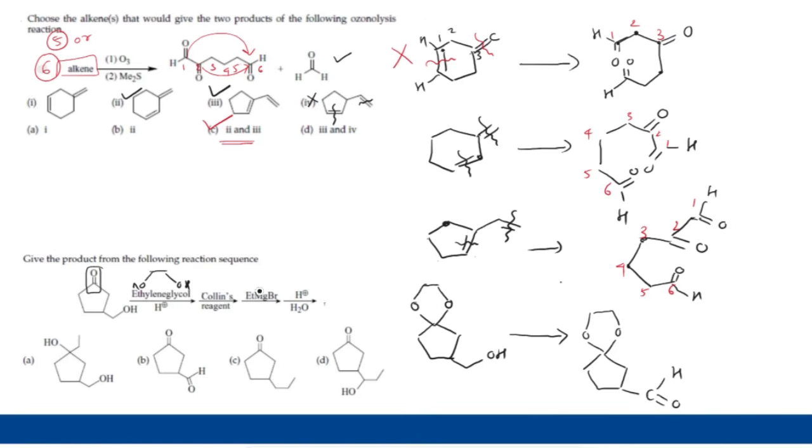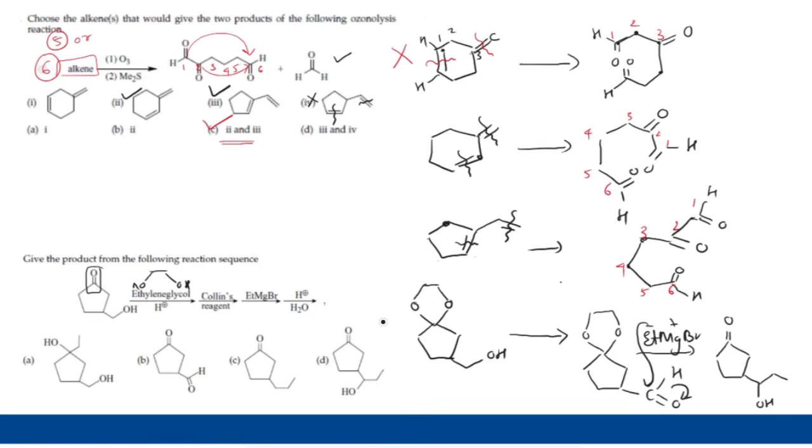And then in the next step, what are we doing? We are treating this with the Grignard reagent. Now you see that the Grignard reagent will add to the aldehyde and convert this to a secondary alcohol. And upon hydrolysis, we can do this in this step itself. So upon hydrolysis, what happens?